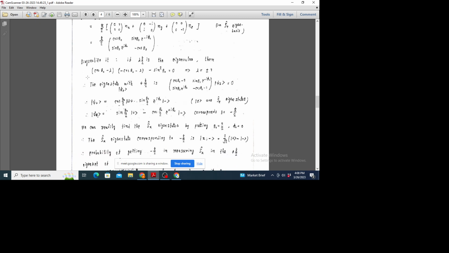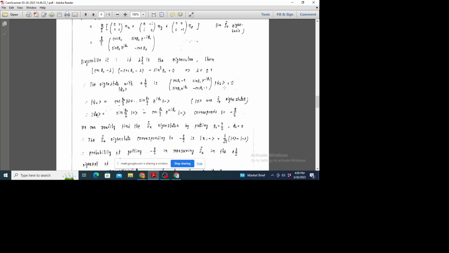So the eigenstate psi plus with eigenvalue plus h cut by 2 satisfies this relation. Note this cos theta naught minus 1 in here; there it was cos theta naught, here it is minus, cos theta naught minus 1.